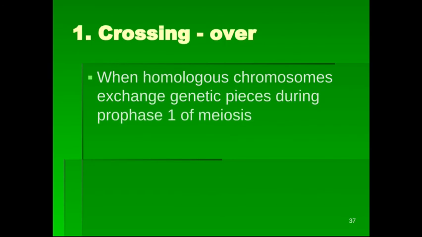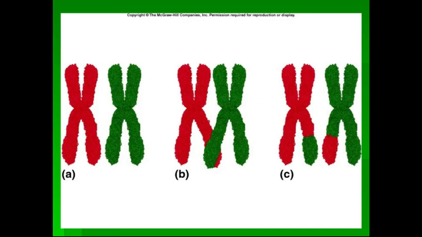So crossing over was when homologous chromosomes came together and exchanged genetic pieces. You don't need to know when it happens at this point, but that little connection where they meet up is called the synapsis. And here's another picture of crossing over occurring. They get super, super close together, and so now they can swap some of their DNA.